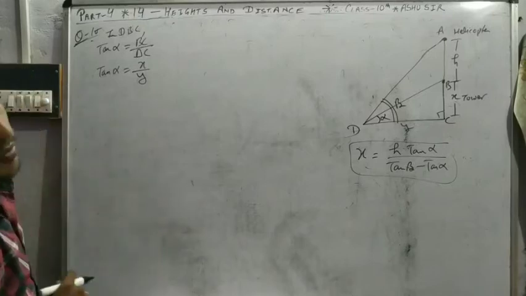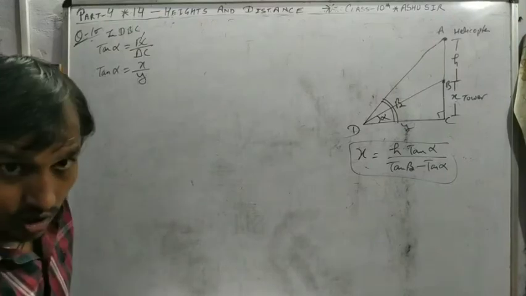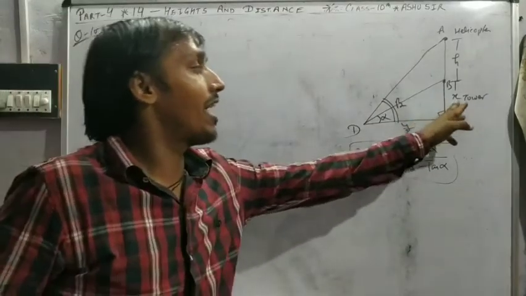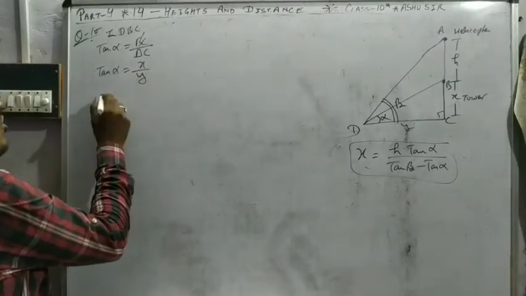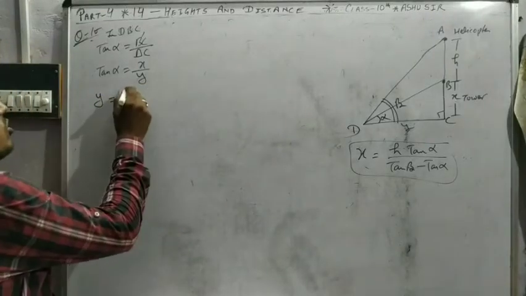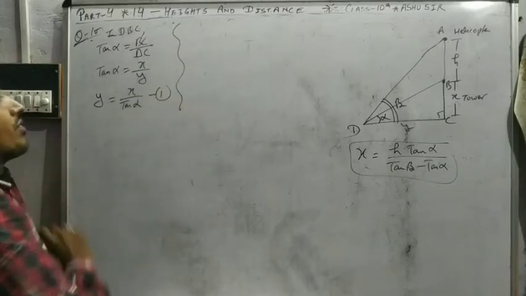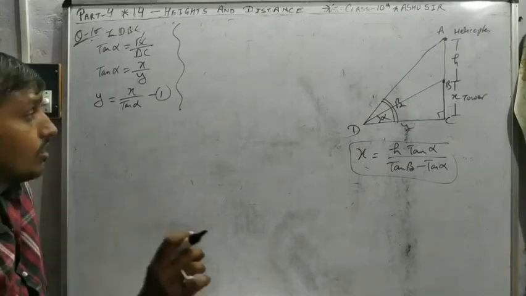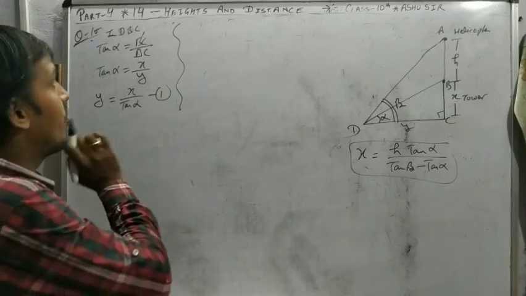As usual, from the first equation we find the value of the variable which we have no use for in this question or use after some points. Because we want x, y has no use. So from the first equation we find the value of y. y is equal to x upon tan alpha. You know why we find the value of y? Because by using substitution method, as usual in trigonometry, we remove y from the second.